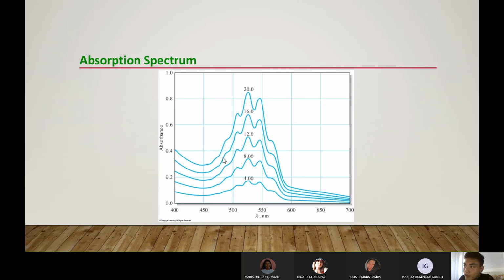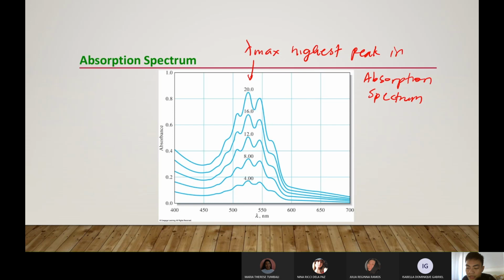Marami siyang peaks sa wavelength. Ang usually na kinukuha namin dito is the highest peak, called the lambda max, in absorption spectrometry. Okay, so lambda max is the highest peak in the absorption spectrum.